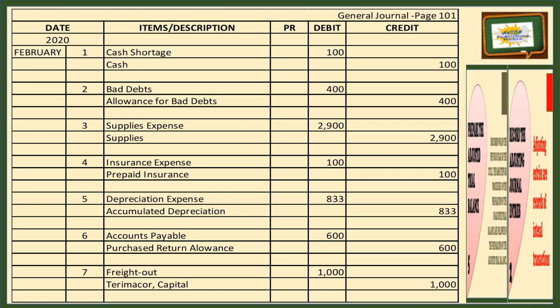Note that there are no entries in the posting reference column, which means that these entries are not yet posted to the ledger. And the page number is higher now because adjusting entries are at the end part of the journal already.